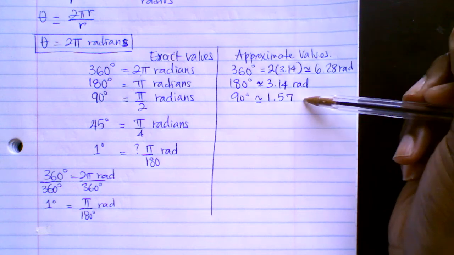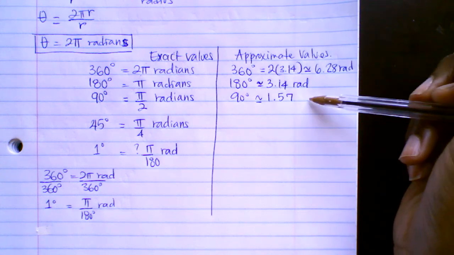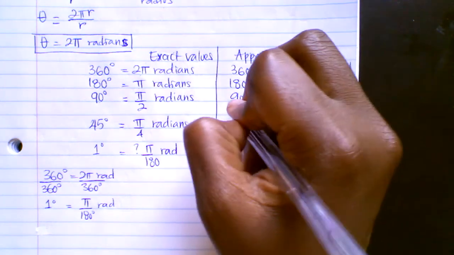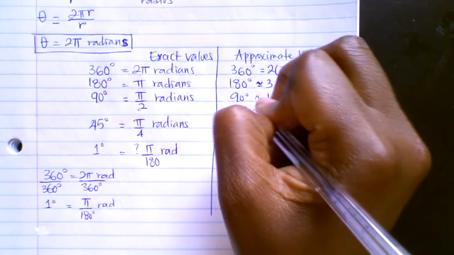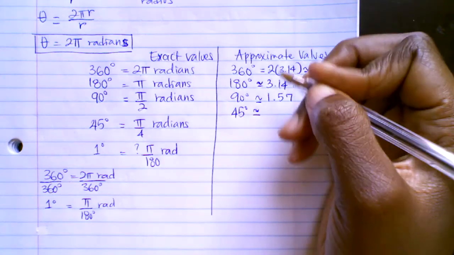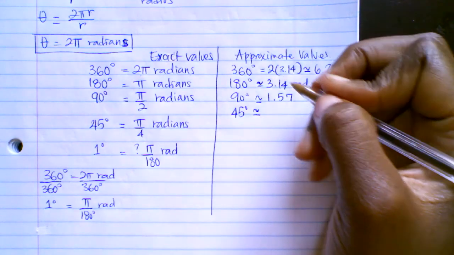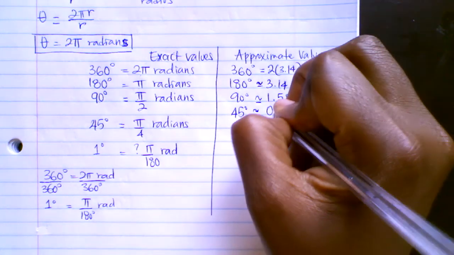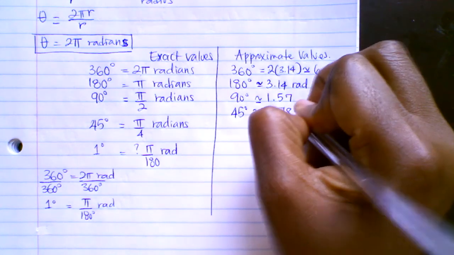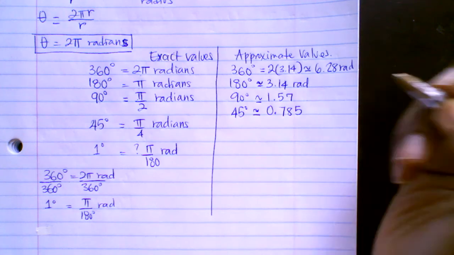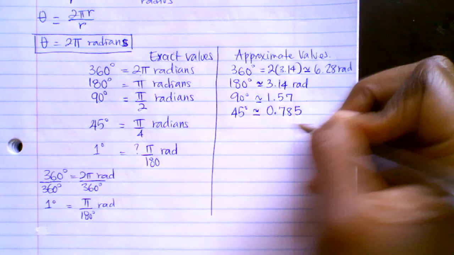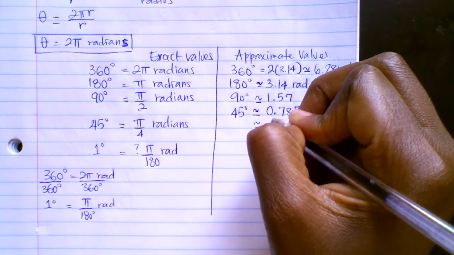Sometimes you don't write radian, you just leave it like this, and you assume that it's in radians. And 45 degrees is approximately equal to 0.785 radians.